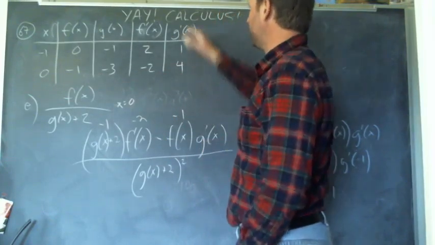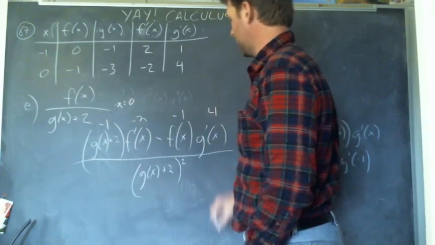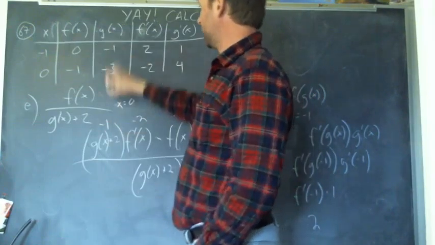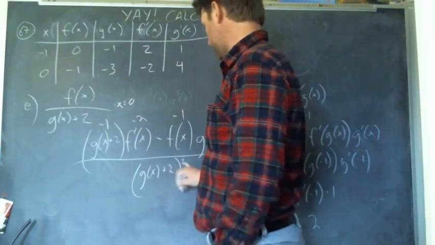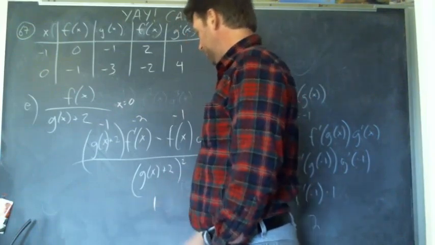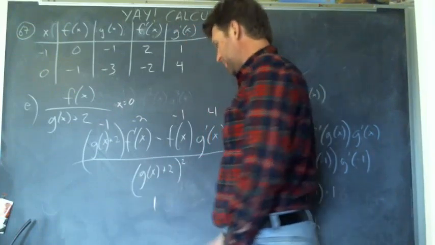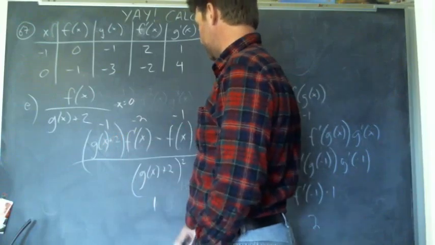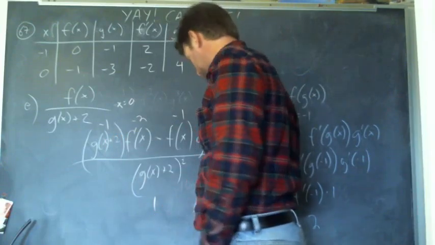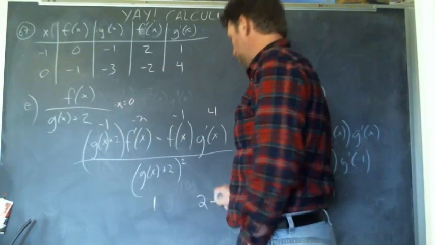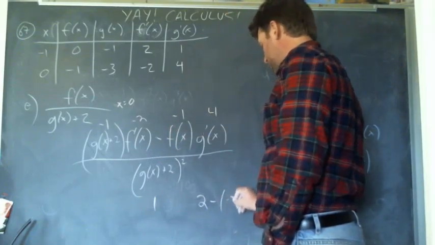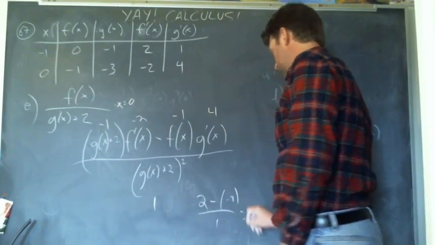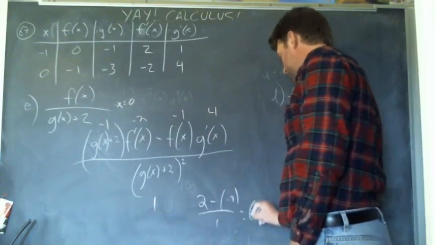G prime of 0 is 4. G of 0 is -3 plus 2 is -1, squared is 1. All right, so the bottom goes away. -1 times -2 is 2. Minus -1 times 4 is -4. All over 1. 2 minus -4 is 6.